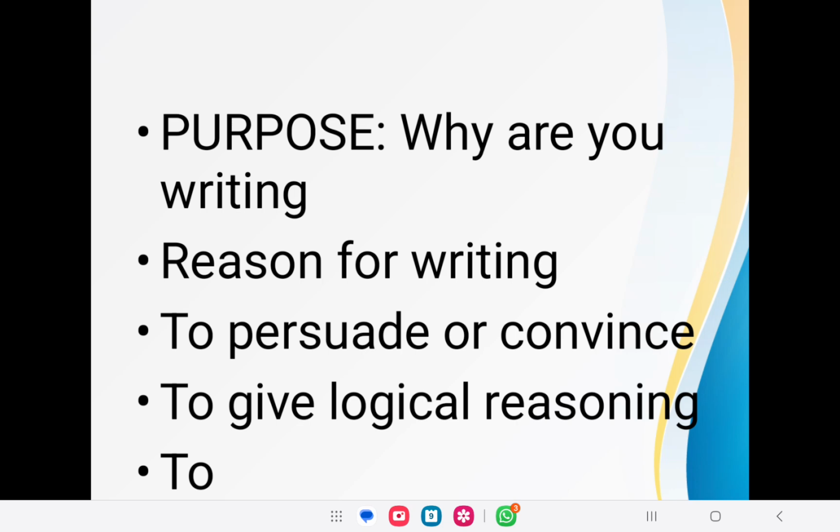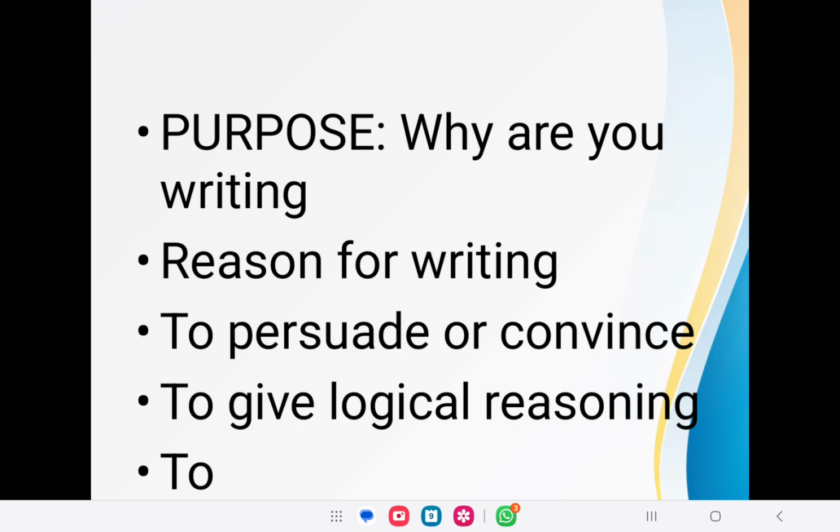If you are writing a letter to the principal and you want your principal to start online classes on Fridays, basically you will convince your principal that whatever argument you are going to present is correct, and because your arguments are correct and logical, that's why the principal should start online classes for you people.